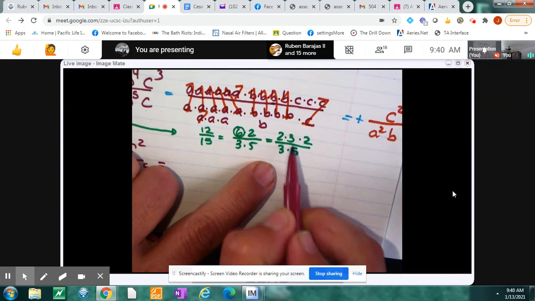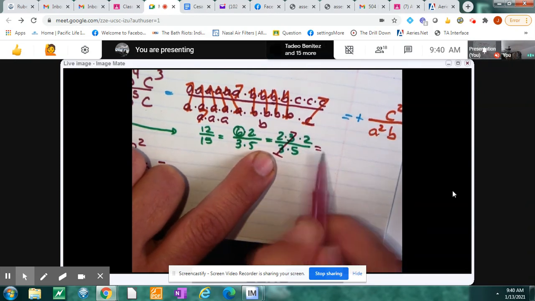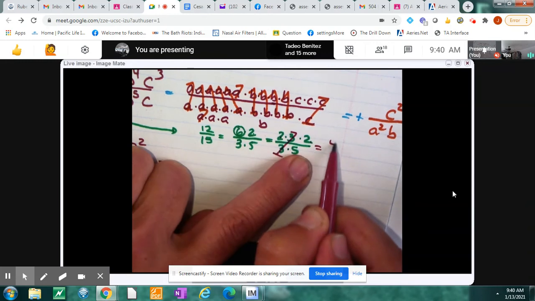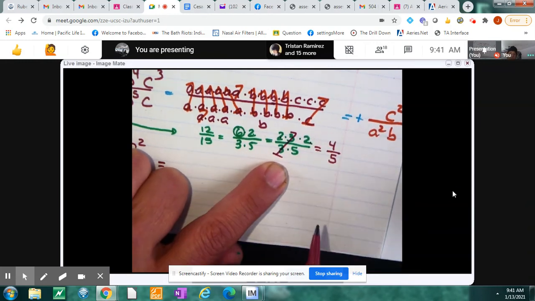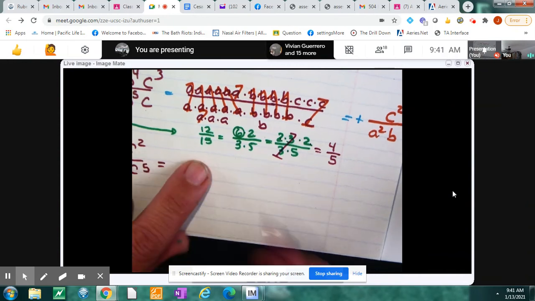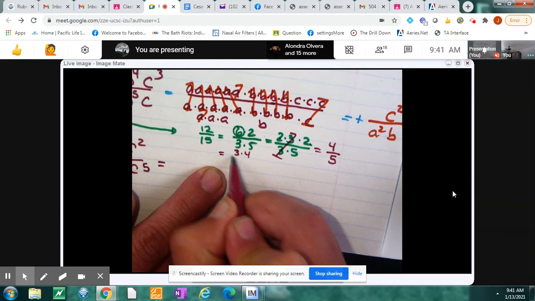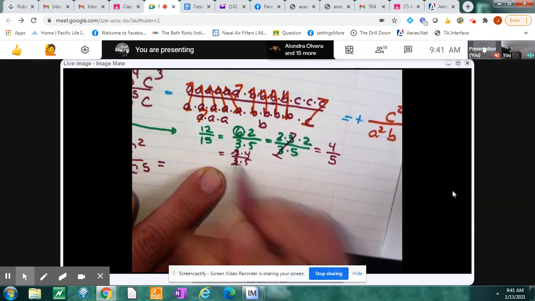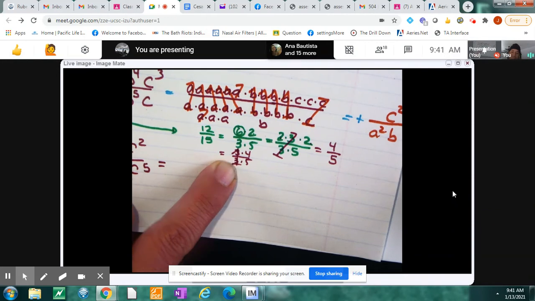Yeah, I got the 3. So now, what do I have left over? 2 times 2 is 4, and on the bottom, the denominator, I have 5. Okay? Now, if you would have done 3 times 4 over 3 times 5, there's your giant one. You still get 4 over 5. You see that? You get the same thing.